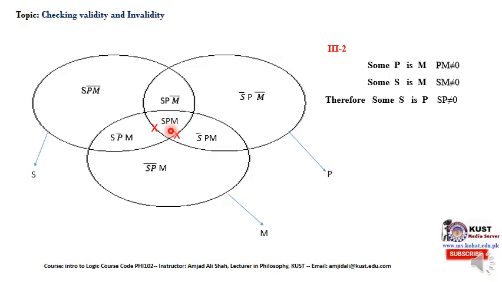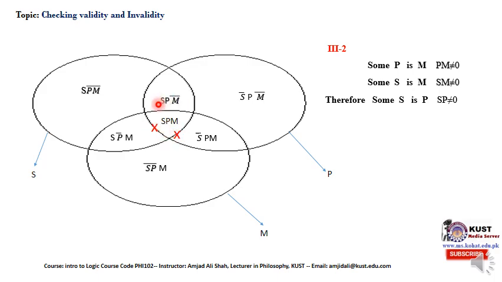So students, remember, whenever X is on the line, the argument is actually invalid. But how is it invalid? If you look at the conclusion, that is Sp is not equal to 0. So the conclusion says that the clause of Sp should have an X. Now this is Sp, but in this clause there is no X. It is actually on the line.